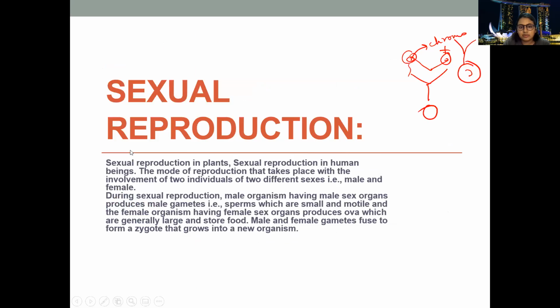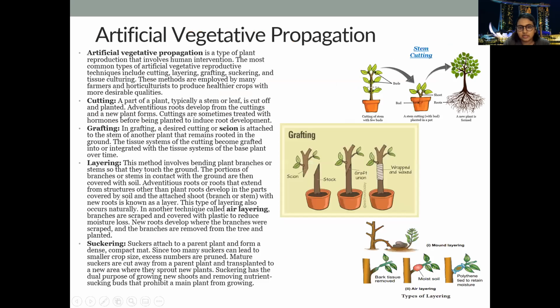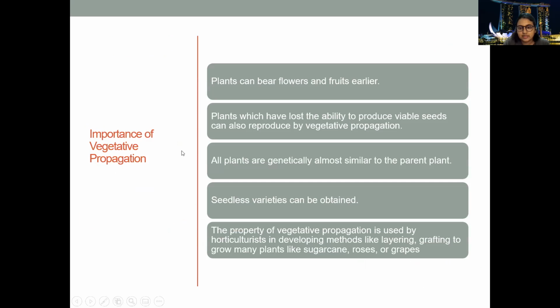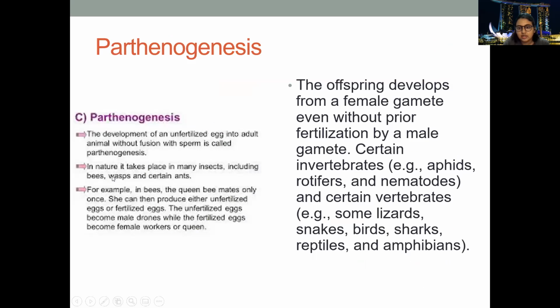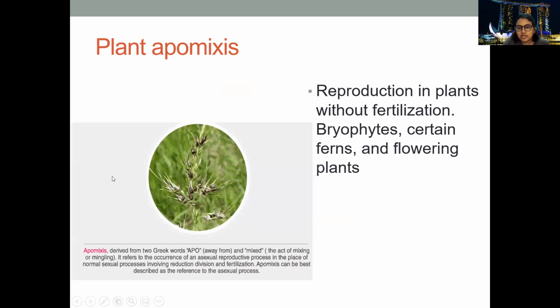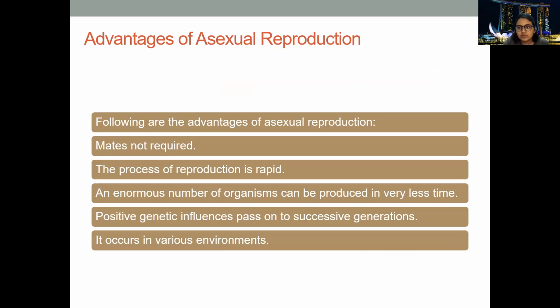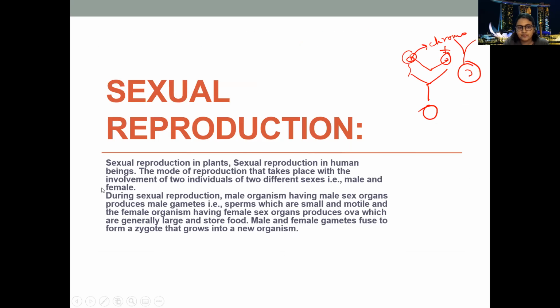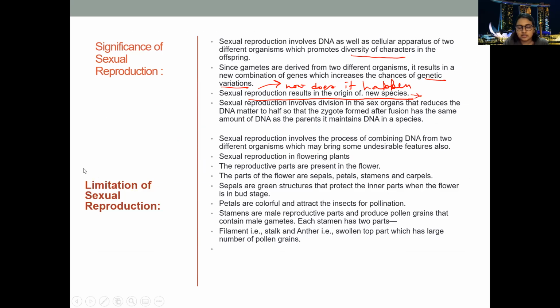I just told you when I was talking about asexual reproduction, I gave you the example of cyanobacteria. They basically do asexual reproduction, binary and multiple fission. They don't do sexual reproduction. This is only done by higher groups of organisms.